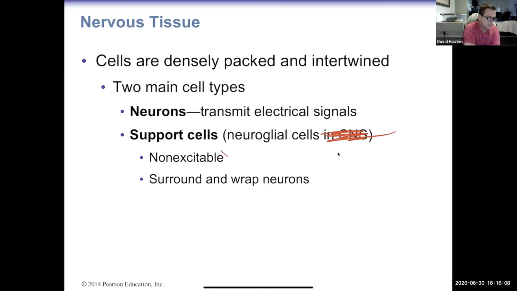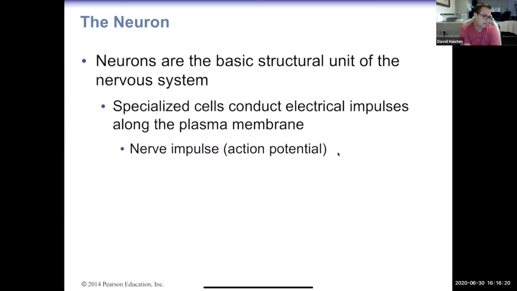Okay. So the neurons transmit the action potential, nerve impulse. Neuroglial cells do not. They're just there to support the neurons. Okay, so what's the neuron? Well, it conducts the electrical impulse. Here's some features of your neurons.